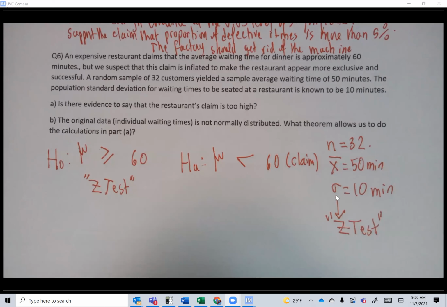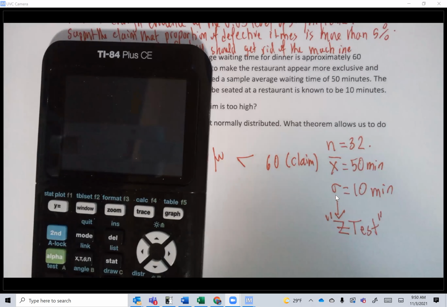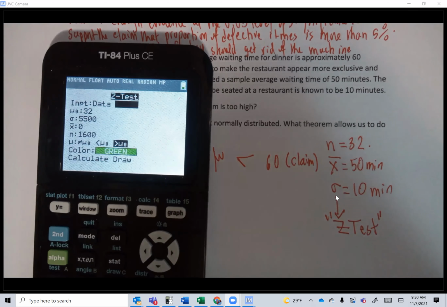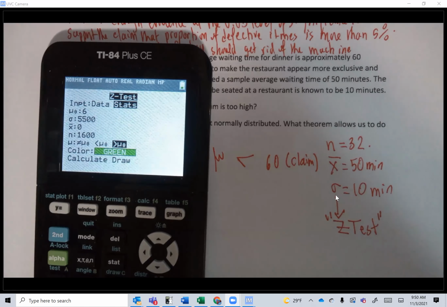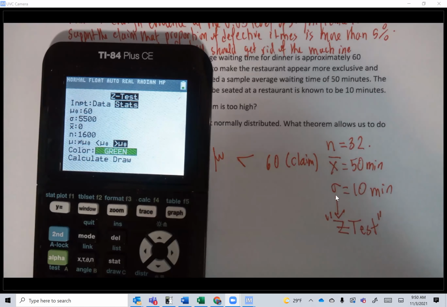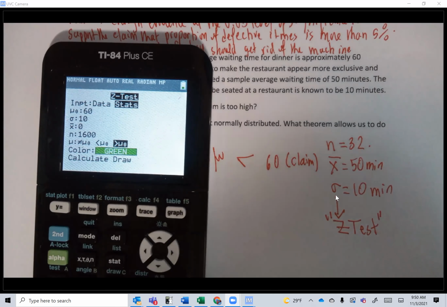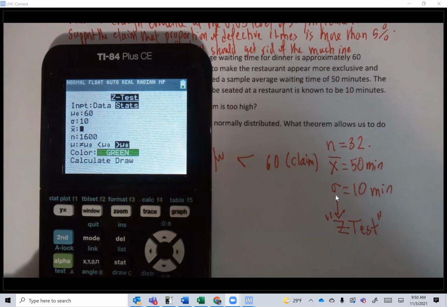Okay, let's do this, guys. Stat, Z-test. Mu 0, you put 60. Sigma 10. X bar is 50. N is 32 restaurants, 32 wait times.